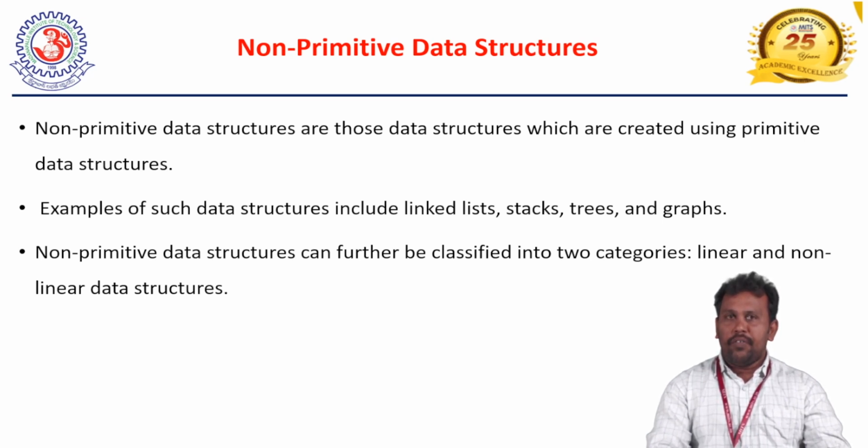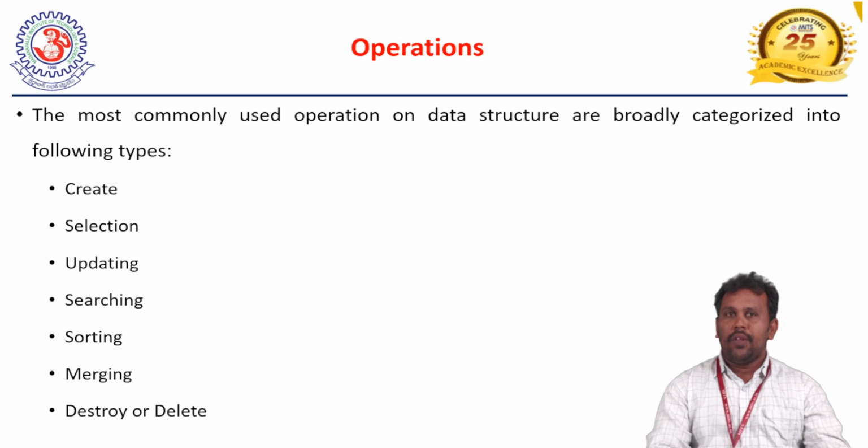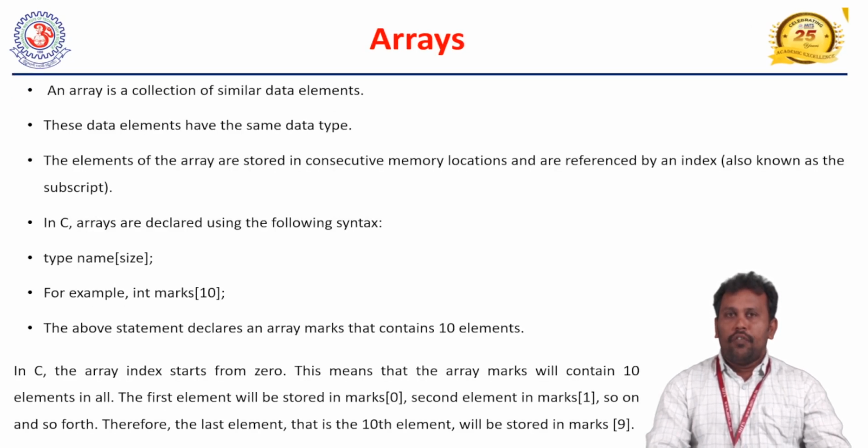Non-primitive data structures can further be divided into two types: linear data structures and non-linear data structures. The most common operations on data structures are broadly categorized into create, selection, updating, searching, sorting, merging, and destroy or delete.